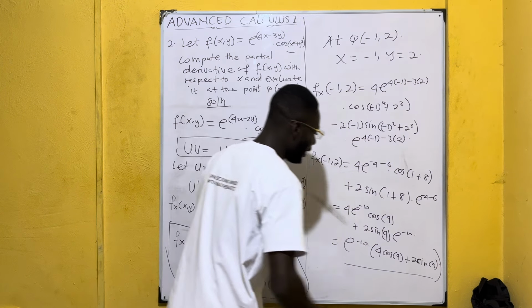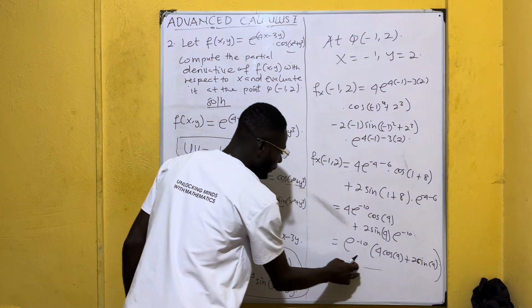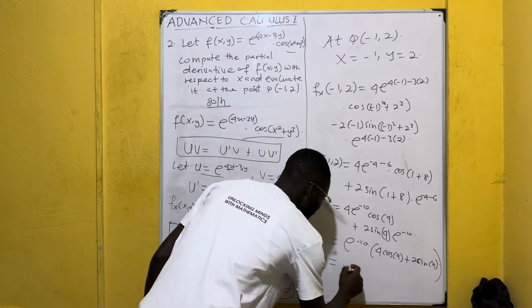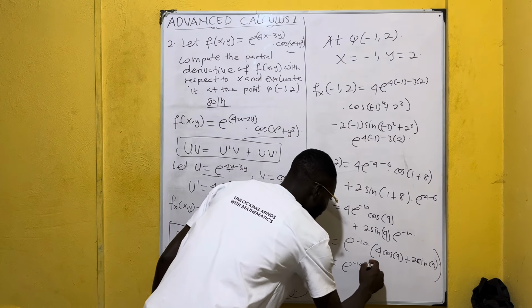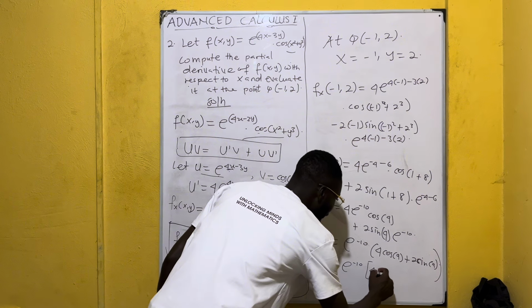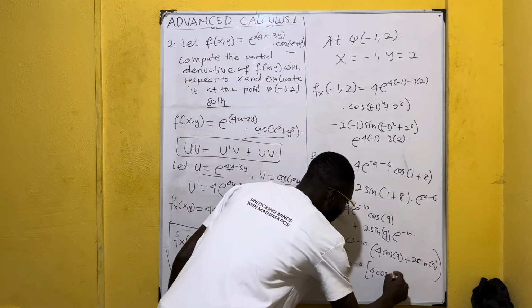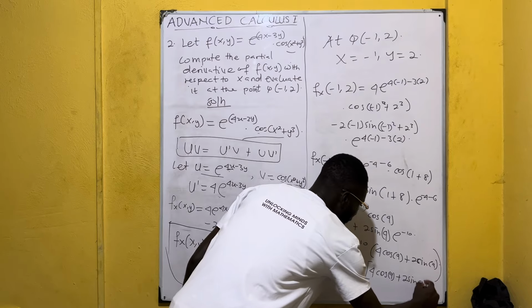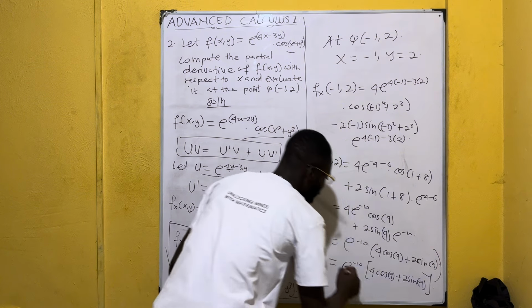So that will be our answer for the question number 2. So we have e to the power minus 10, big brackets, 4 cos 9 plus 2 sine into 9, close brackets.